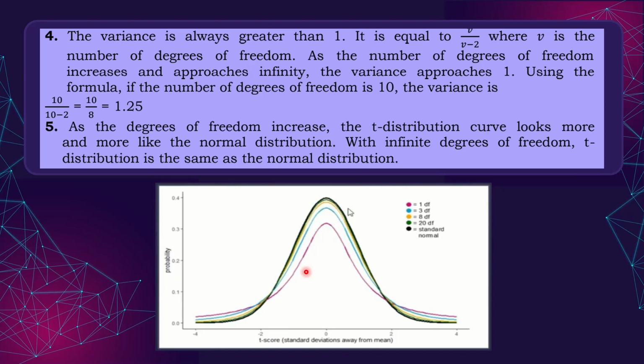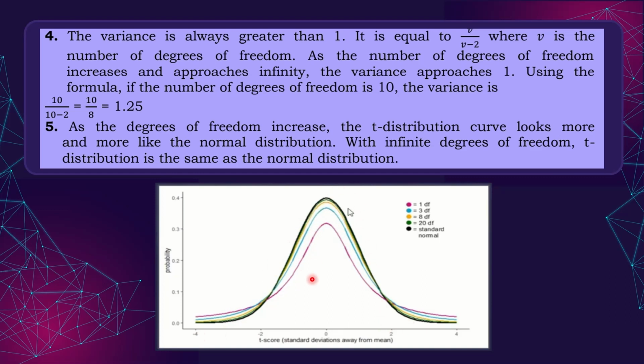So using the formula, if the number of degrees of freedom is 10, the variance will be 1.25. Okay, so as you can see, yung ating black one, that will be the standard normal curve. Kung mapapansin nyo, yung pink, ang degrees of freedom natin dito sa pink is 1, and then nung tumaas siya as 3, umakyat din yung kanyang tail.